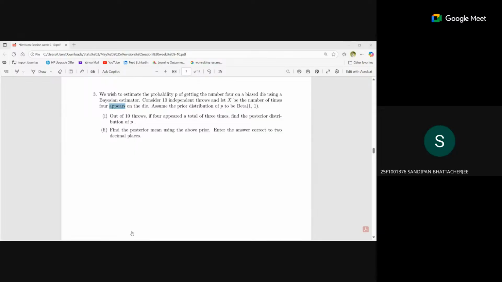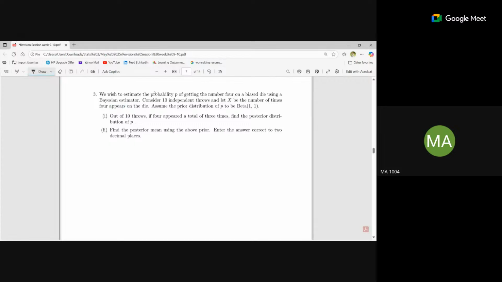So it's coming out to be beta 4,8 because the likelihood is P cube into 1 minus P to the 7. Have you guys solved the question? Yeah, beta 4,8. Okay, everybody is getting beta 4,8. Anupriti, I guess, right? Have you solved it? Yes, ma'am. Have you solved it? No, ma'am. Okay.